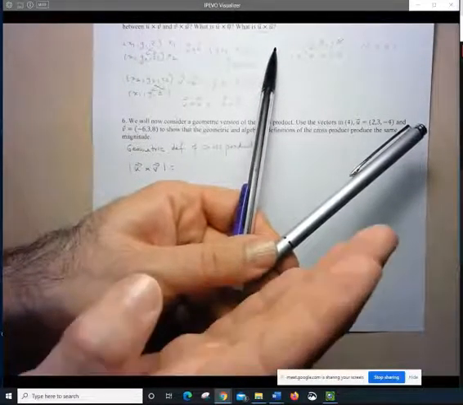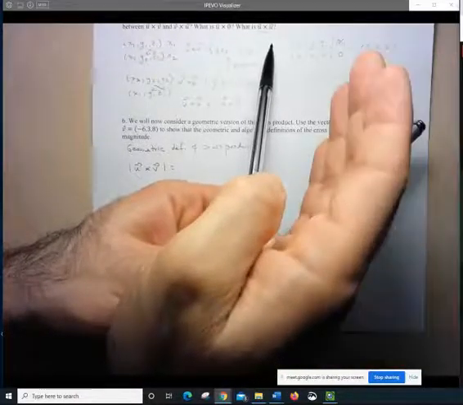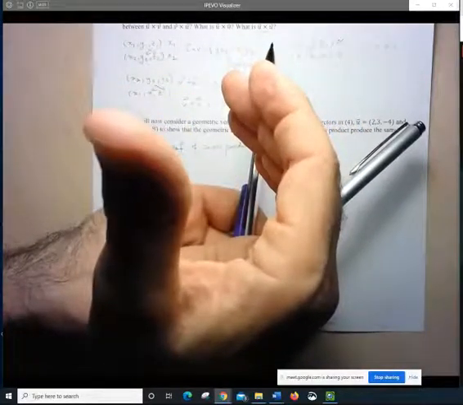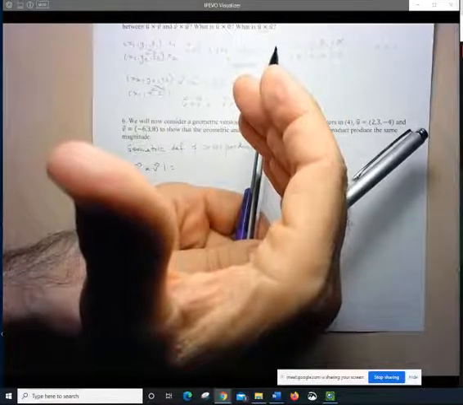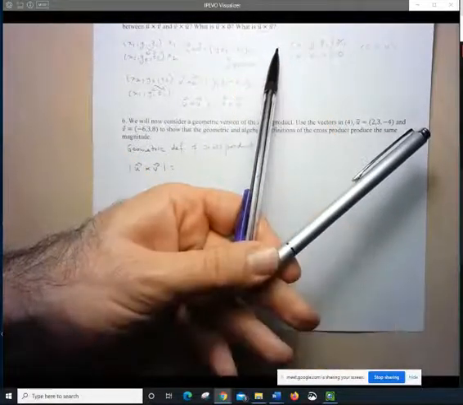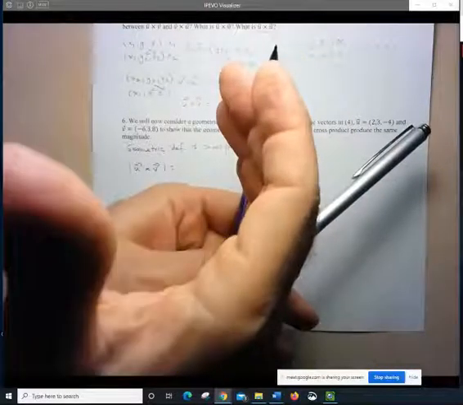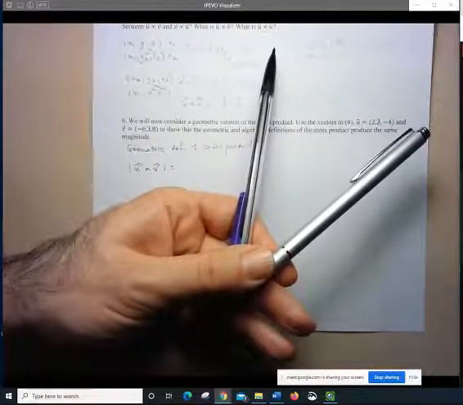Put your fingers in the direction of u, curl them in the direction of v, and then the cross product goes wherever your thumb is, going upwards. So direction of u towards direction of v, thumb tells you the direction of the cross product.